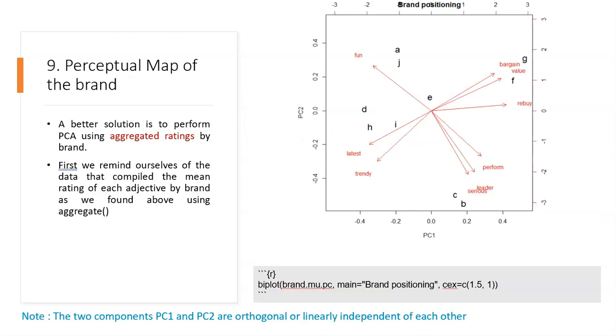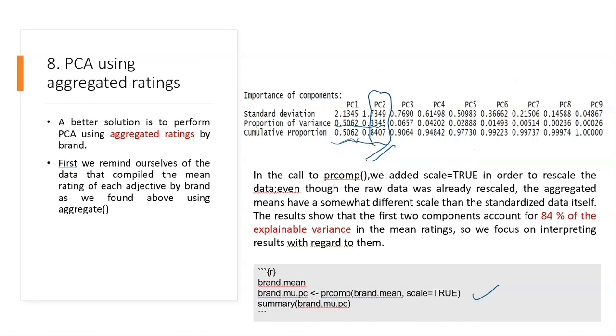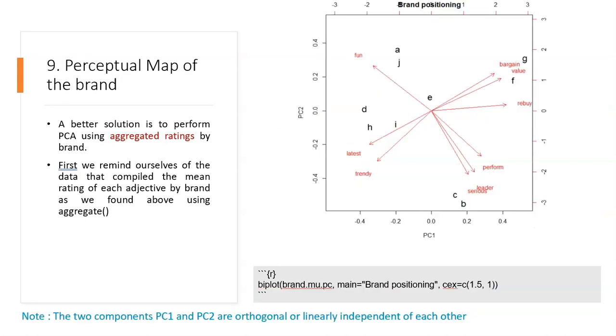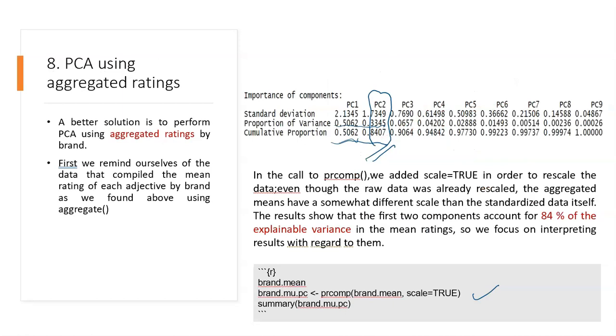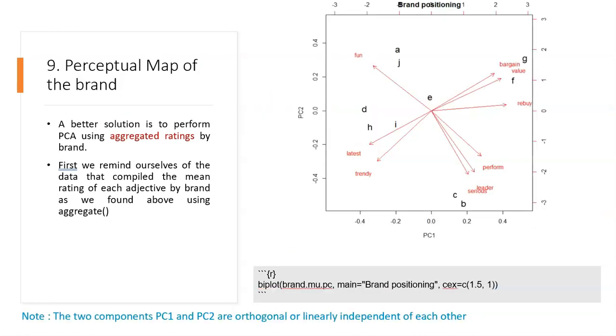After calculating this PCA and checking the importance of components, you can draw a perceptual map.